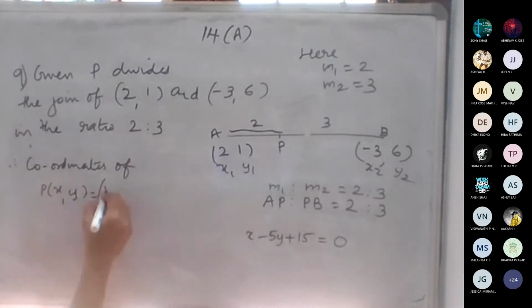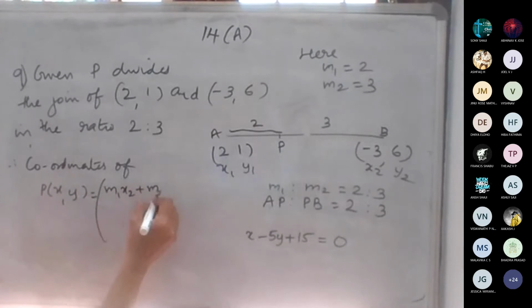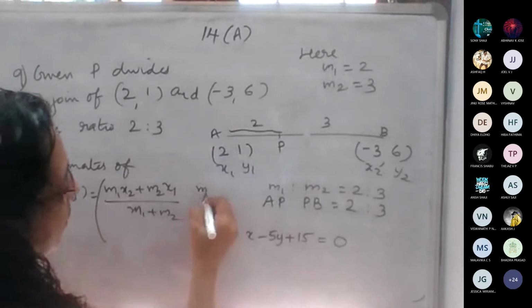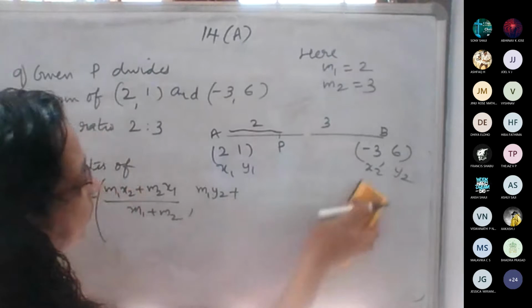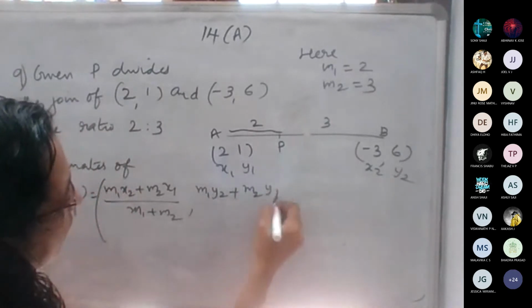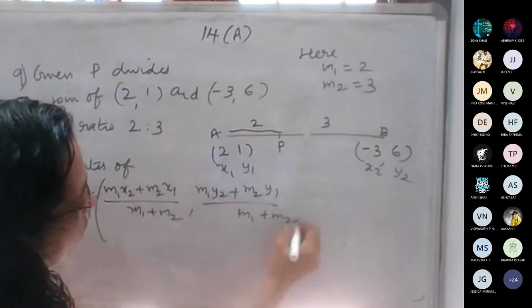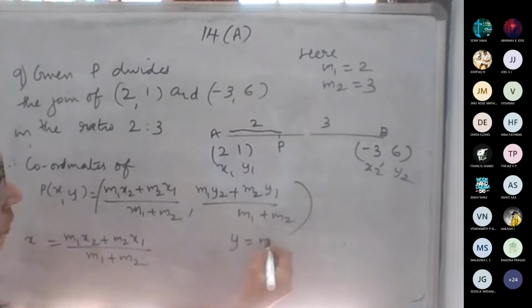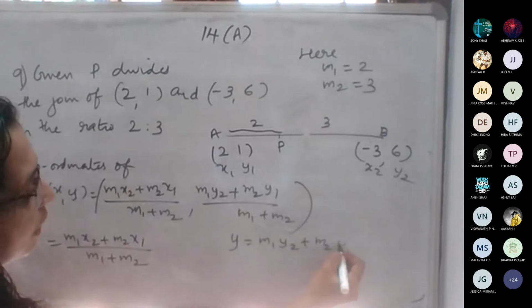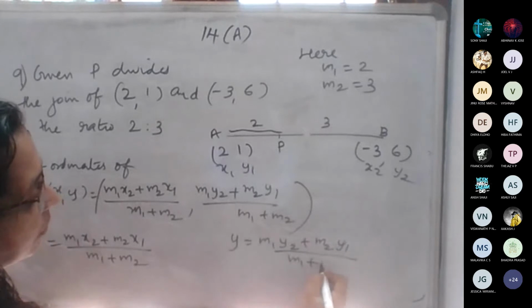So the formula: (m1 x2 plus m2 x1) divided by (m1 plus m2), comma, (m1 y2 plus m2 y1) divided by (m1 plus m2). That is, x is equal to (m1 x2 plus m2 x1) divided by (m1 plus m2). Then y is equal to (m1 y2 plus m2 y1) divided by (m1 plus m2).